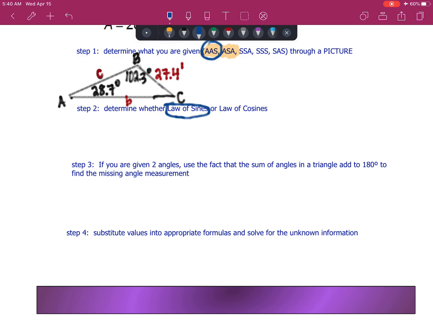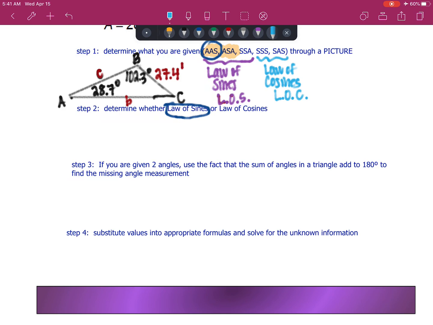You definitely want to study that these first three are law of sines, and the second set of circumstances would be law of cosines. So law of sines, I might say law of sines, and law of cosines, I might say law of cosines, just so I can start shortcutting it.